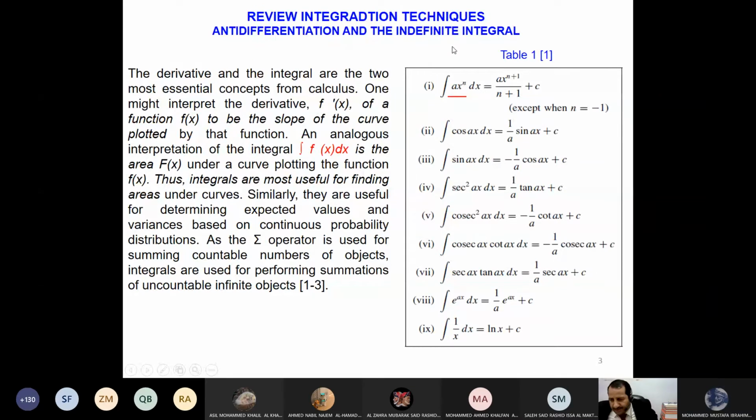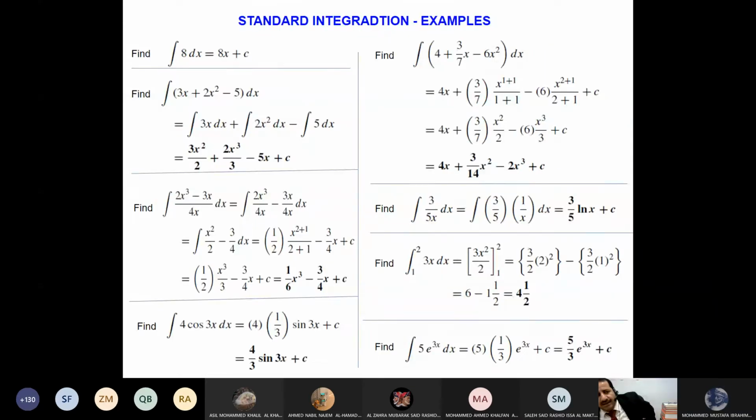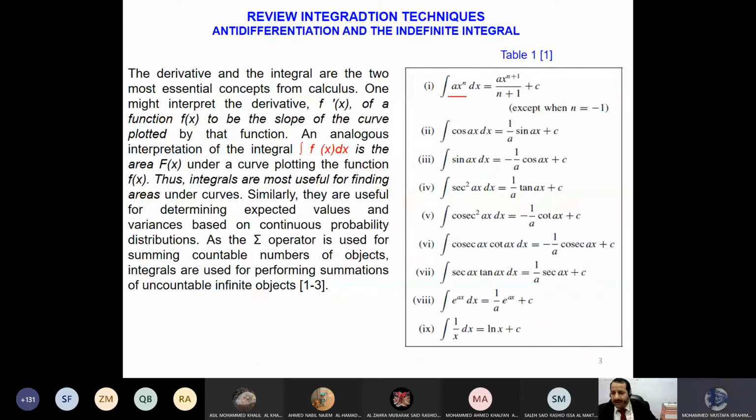Before I start, I would like to tell you the story behind integration and what we are doing here. Let me take it part by part. You remember in level 1, you already studied functions. And the story behind functions goes back 200 to 300 years.